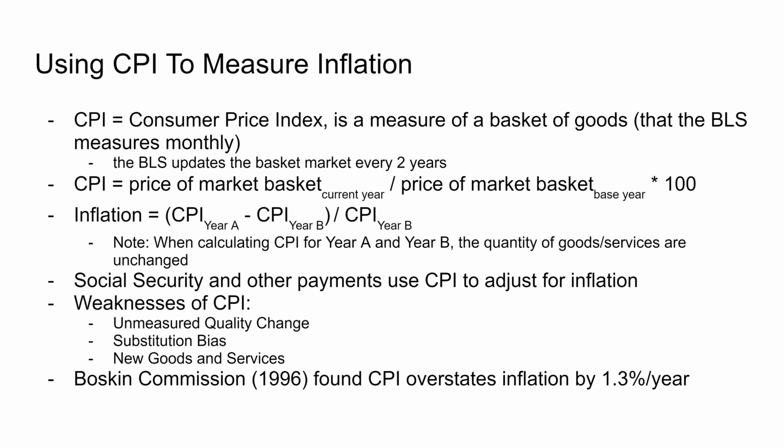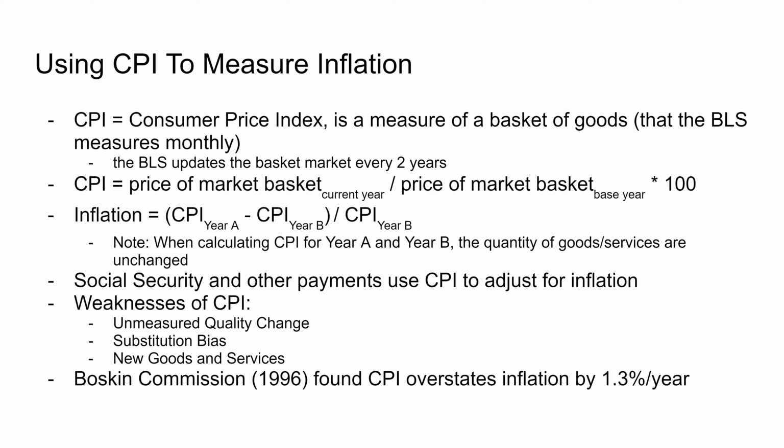And new goods and services. Because again, CPI does not measure every good in the economy, new goods that quickly have high market penetration wouldn't show up first in the CPI. It would only show up after it has reached the market penetration and after the BLS updates its market basket.